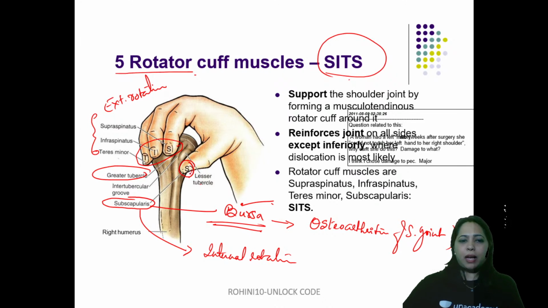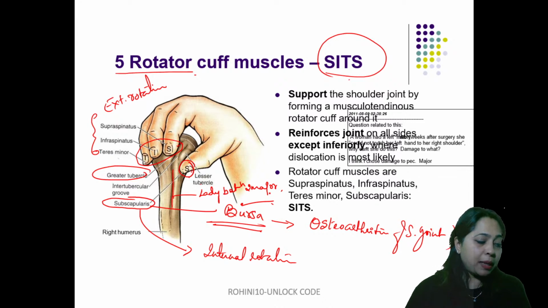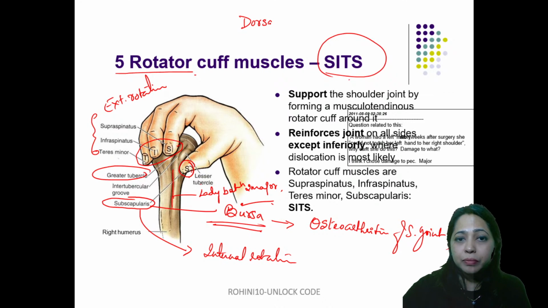So here you also have a groove. You can remember it as the lady between two majors. Who are the majors? There is pectoralis major and teres major. In between that, you have latissimus dorsi. Latissimus dorsi is supplied by the thoracodorsal nerve. Sorry, not dorsal scapular nerve. I'll write it here.